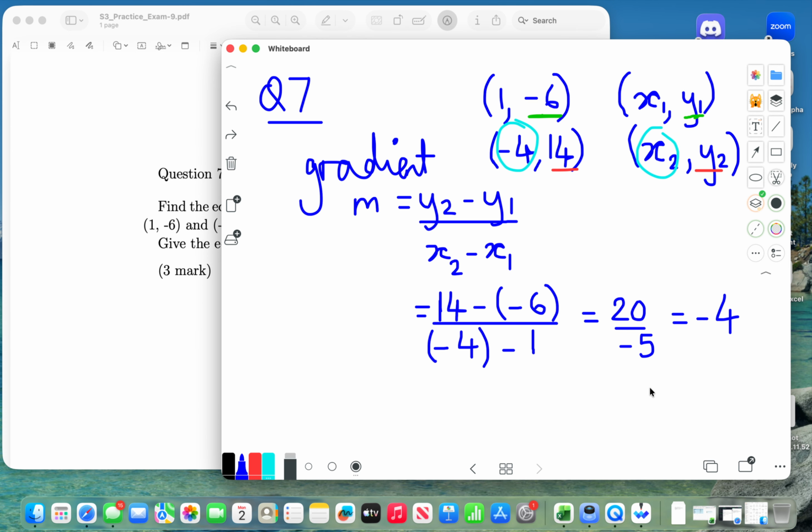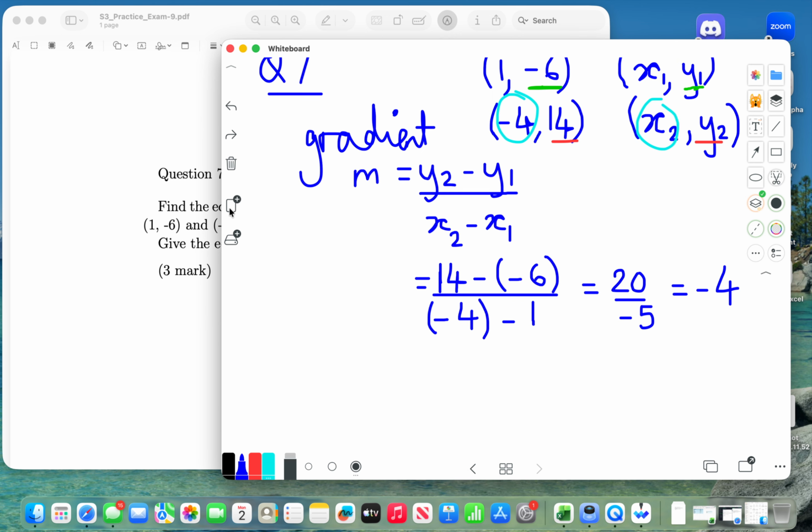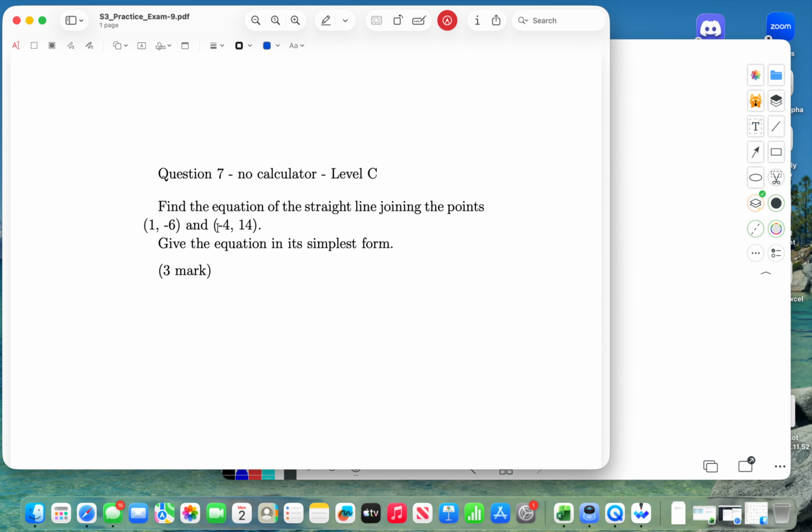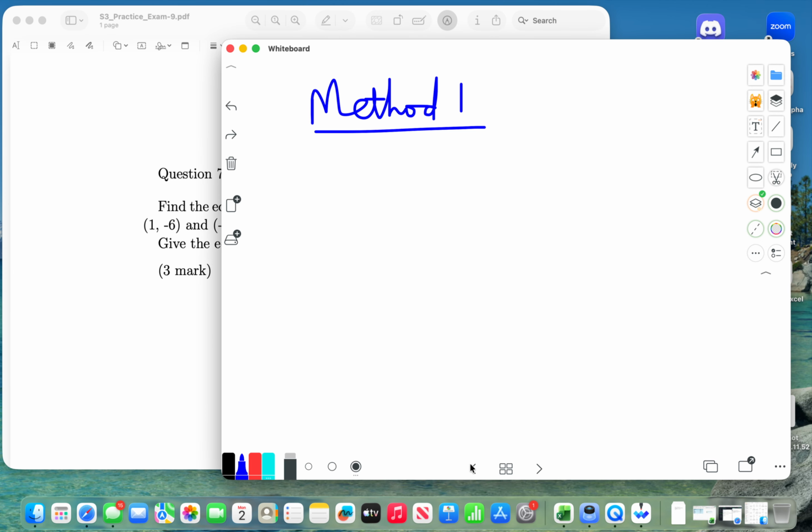So I will do the first way. We will label this method 1, and we established that the gradient of the line is minus 4.